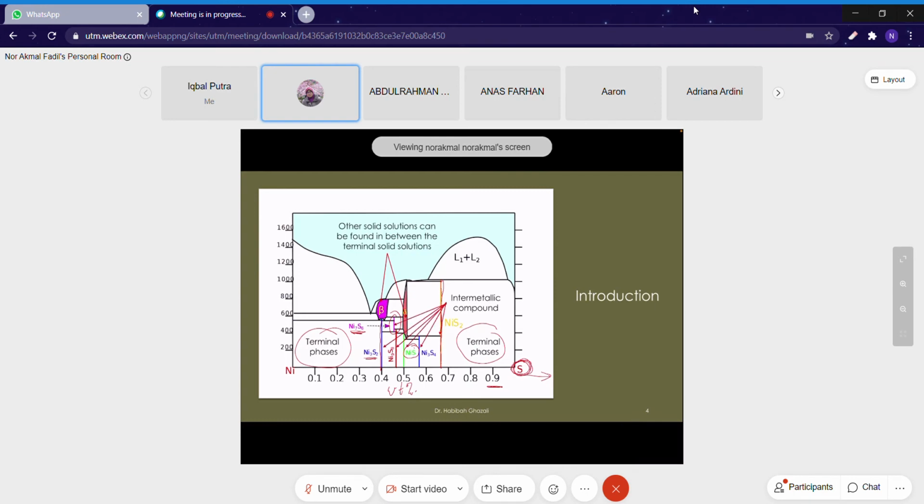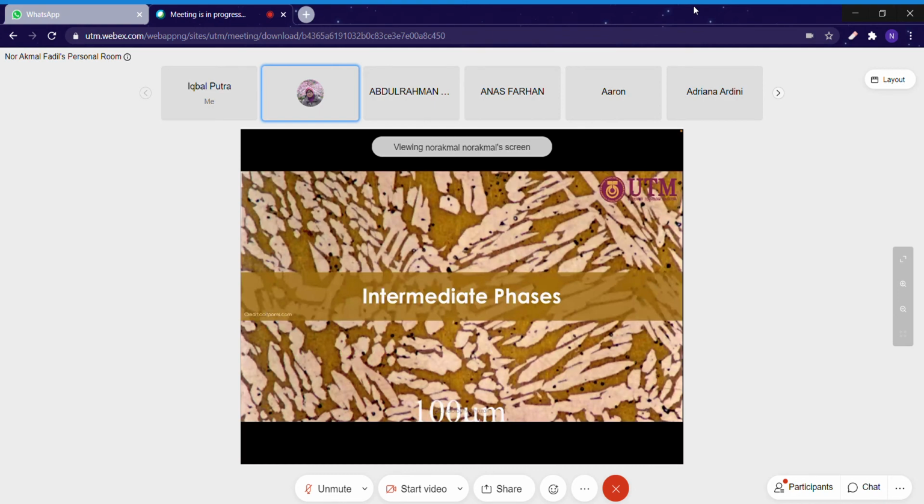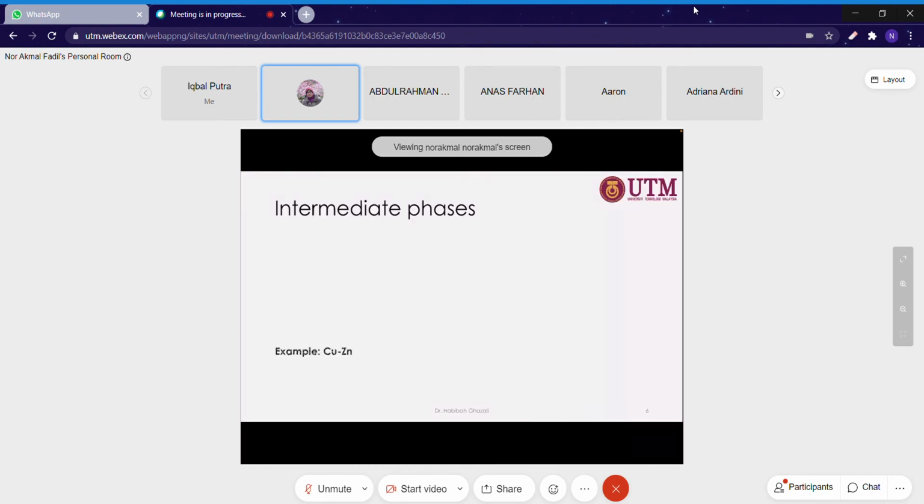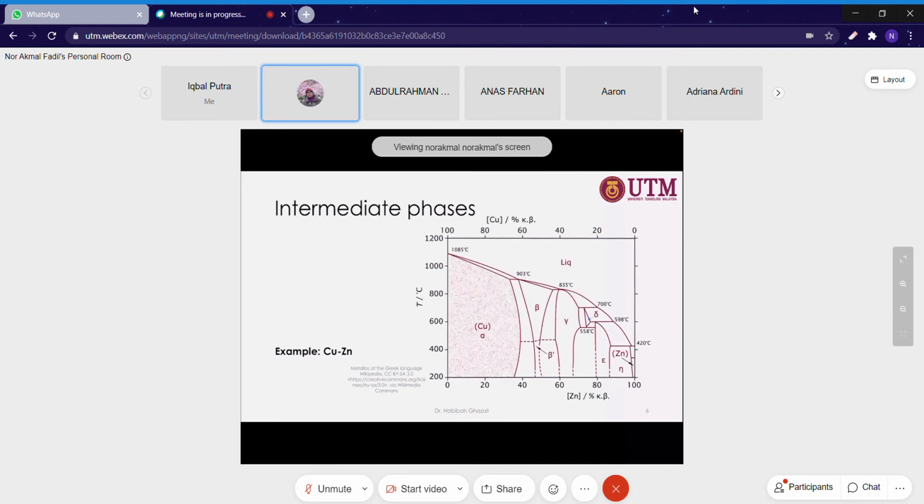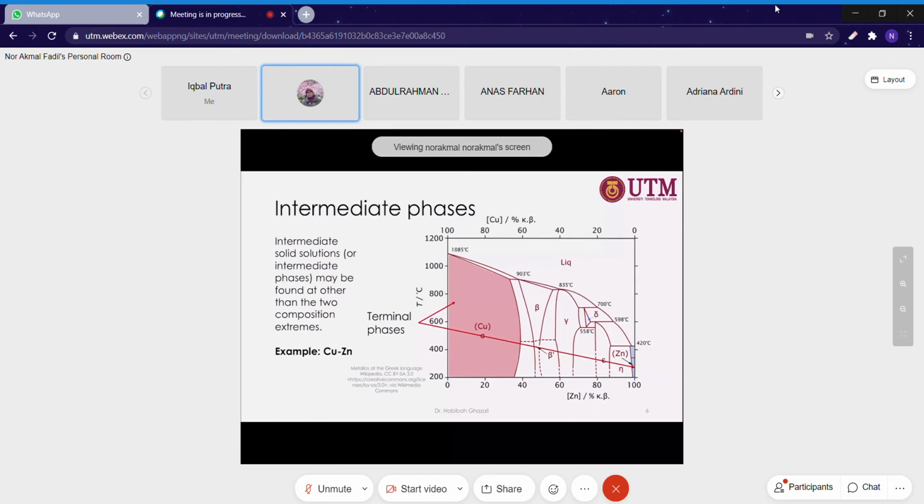So the intermediate phases, for example copper and zinc. No, sorry, the far left and the far right are the terminal phases. So the intermediate solid solution or intermediate phases may be found at other than the two composition extremes.